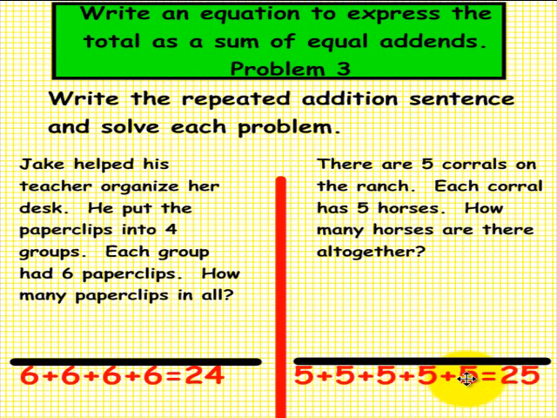And each group has 5 horses. So it's equal to 25, and this one was 24. If your answers match ours, that is marvelous. If you would please, have a student come up to the smartboard for the very last problem. And while they're doing that, if you would please pick up an eraser and erase your answers. We would appreciate it. Thank you.